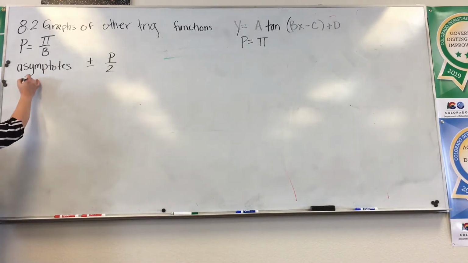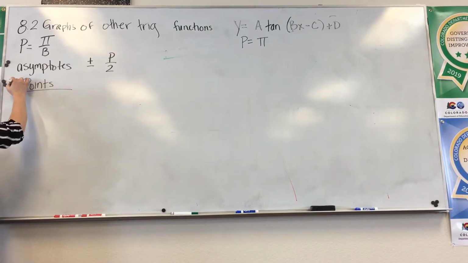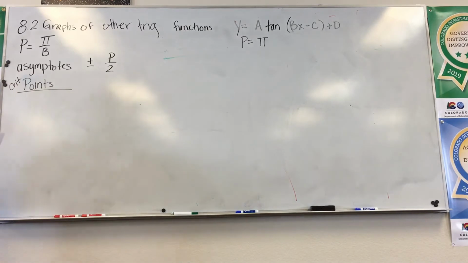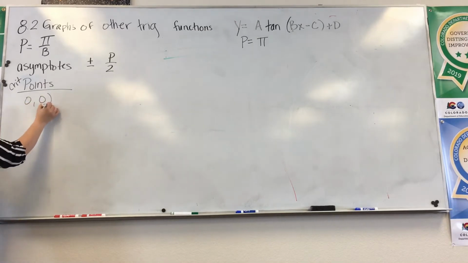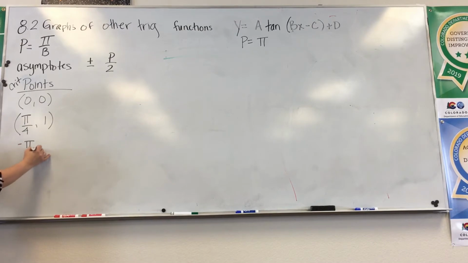So then, your critical points. On the regular parent graph, 0, 0 is a critical point. Pi over 4 and 1 is a critical point. And negative pi over 4, negative 1 is a critical point.